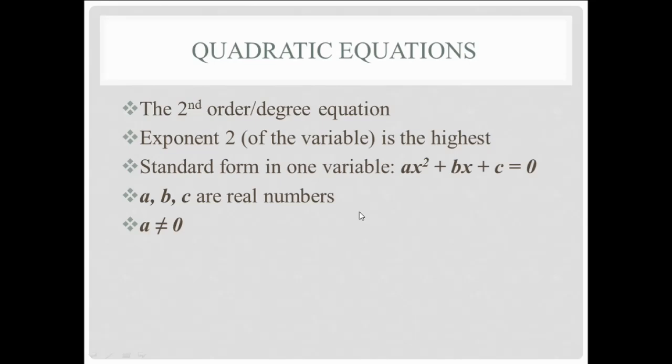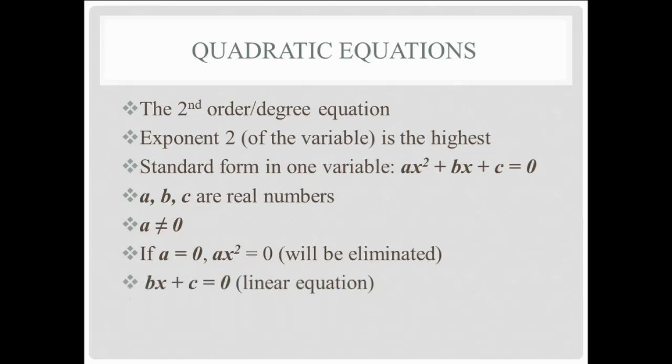If it becomes 0, the term ax square will be eliminated, and the remaining equation, that is bx plus c is equal to 0, will be a linear equation. So for the standard equation, the coefficient of x square must be a non-zero number.